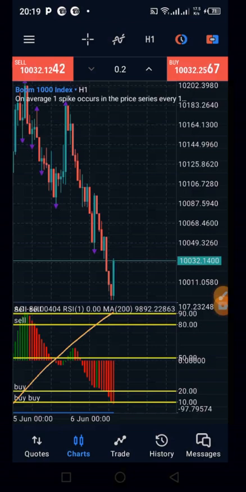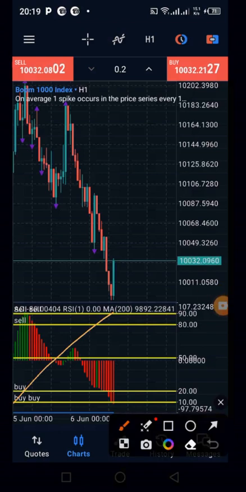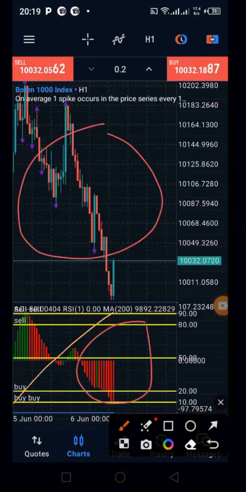Okay. So now, the way you are seeing it, there's this chart here, and there's this other chart, which is looking red, green and red. These are indicators.